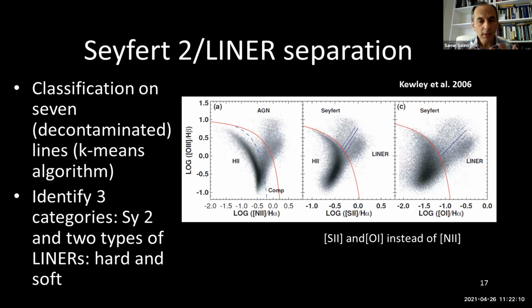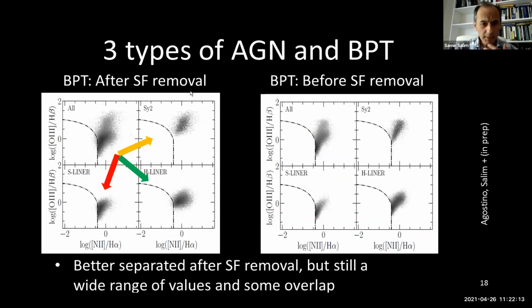And we end up with three categories. One is obviously identifiable with Seyferts, but what would normally be considered LINERs seem to divide into two categories. We call them soft and hard LINERs, and you'll see in a moment why. Comparing this decomposed AGN branch in these three categories with where these galaxies were in the original BPT before the star formation removal, you'll see that roughly it's the same positions, but there's less overlap now.